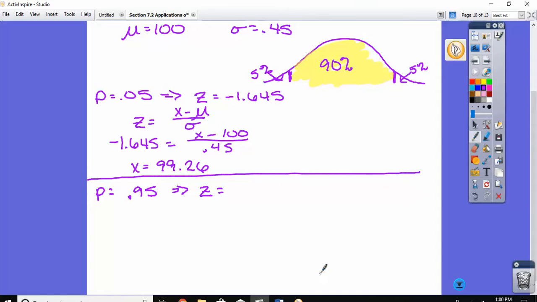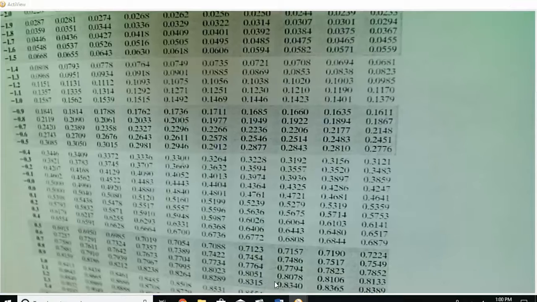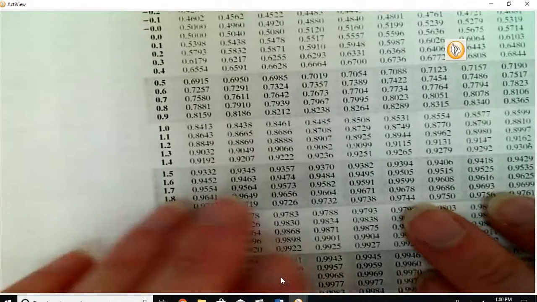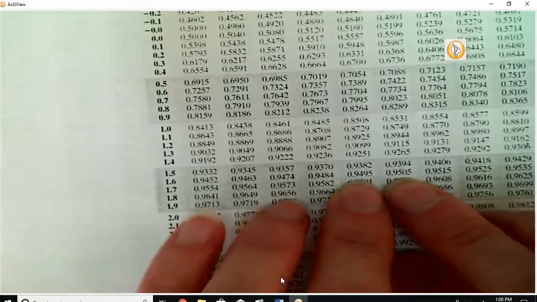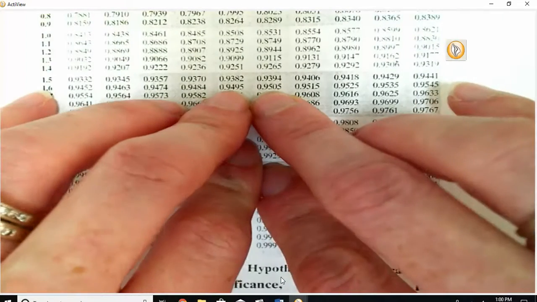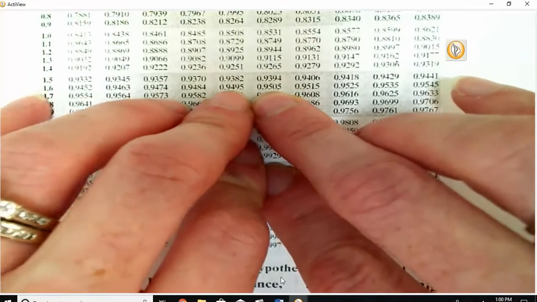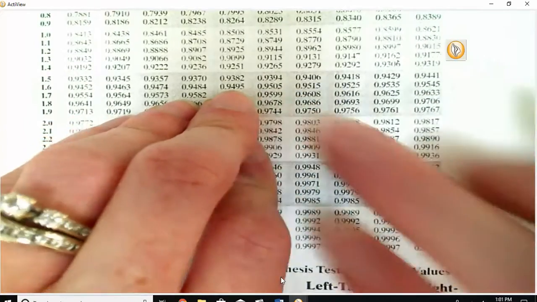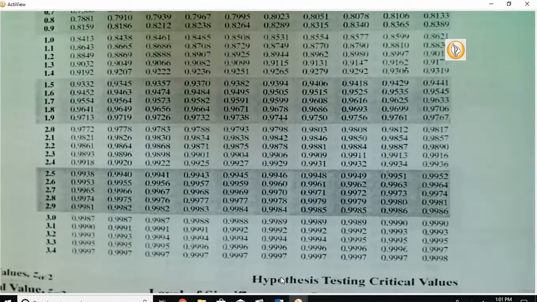So find your Z. So you're looking for 0.95. Okay, we see the same thing. It's exactly in the middle of positive 1.64 and positive 1.65. So we're going to go with 1.645.